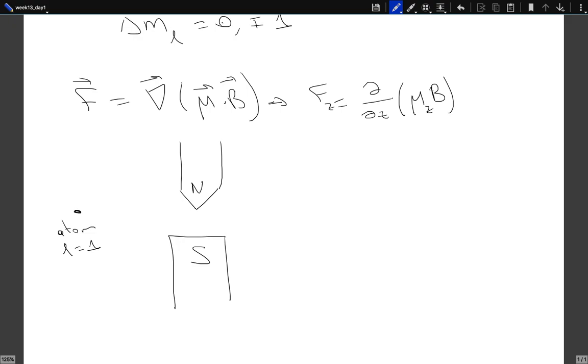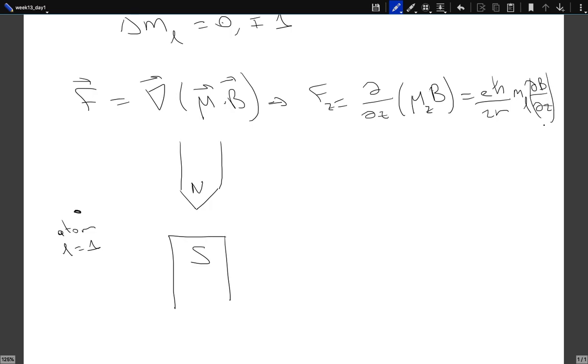They are mainly along the vertical axis, and the largest component of B will also be along the vertical axis. So the force, with mu_z being e h bar over 2m times m_l, will be e h bar over 2m times m_l times the derivative of B with respect to z.